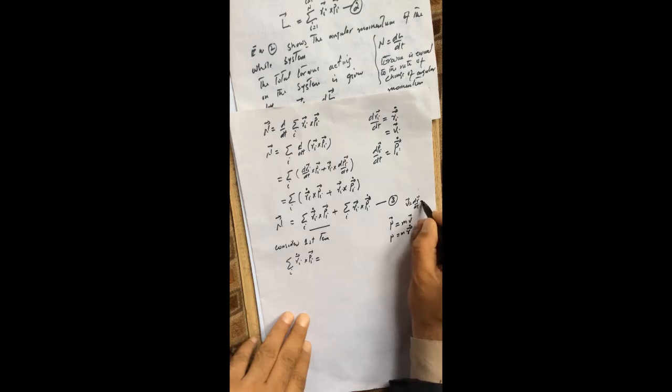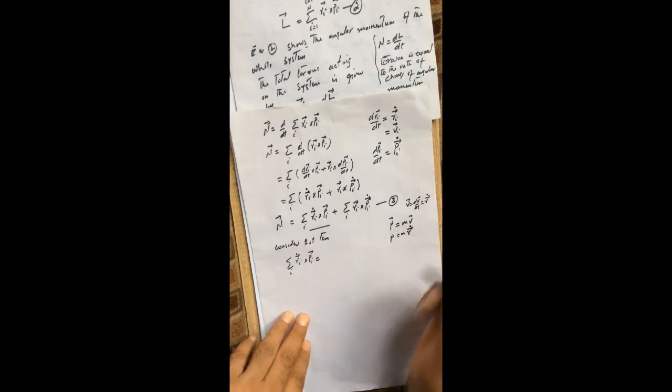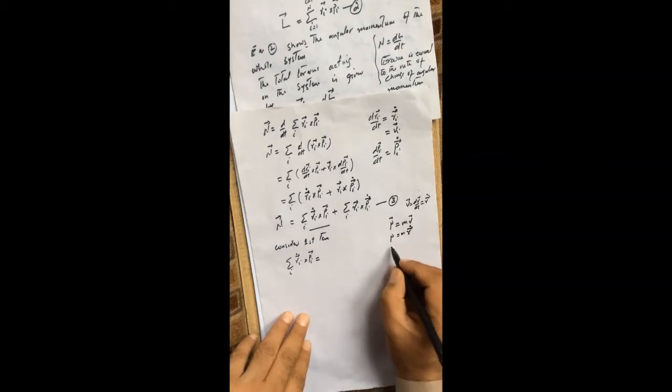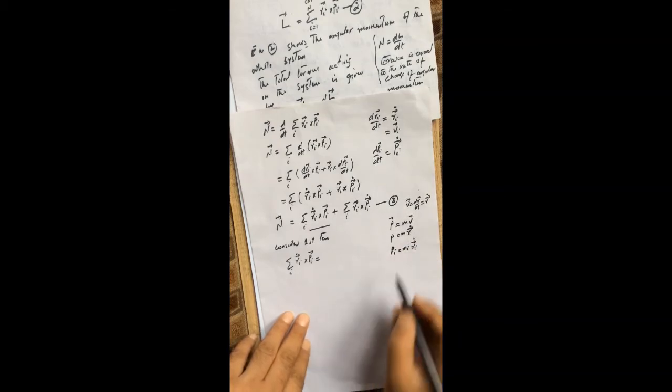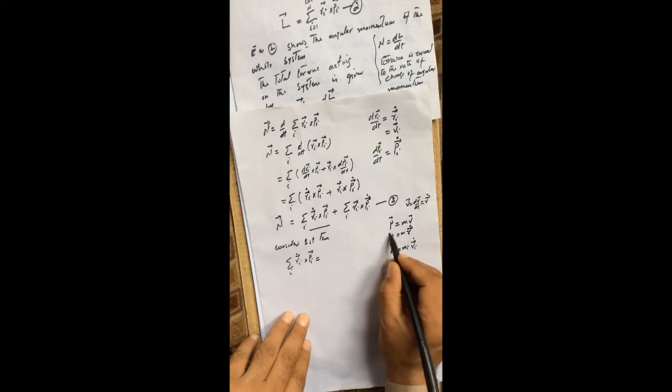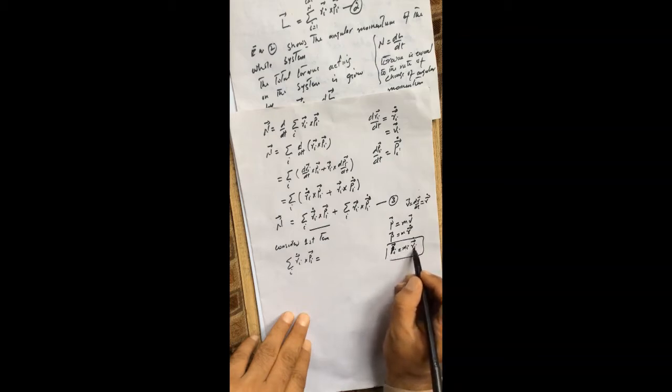So for the ith particle, the momentum pi is equal to the mass of the ith particle times the velocity of the ith particle, ri dot. So I will replace pi by mi times ri dot.